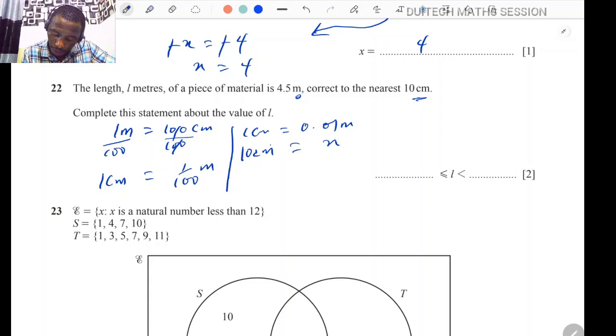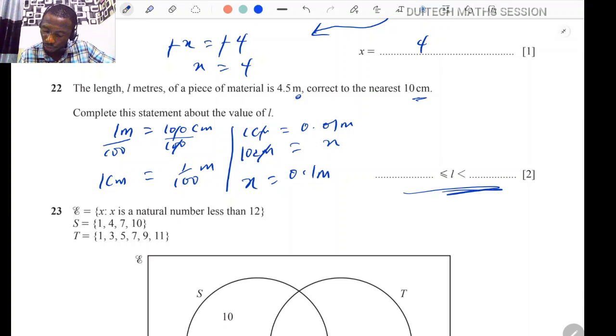So I will multiply, canceling centimeter with centimeter. So I have x equal to 10 times 0.01, that will give me 0.1 meter. So now that is what I have. They want me to complete this particular question.